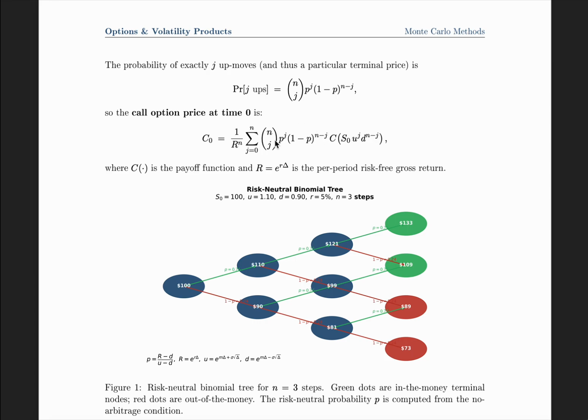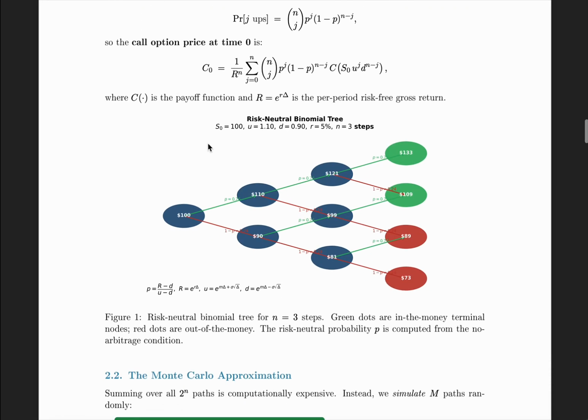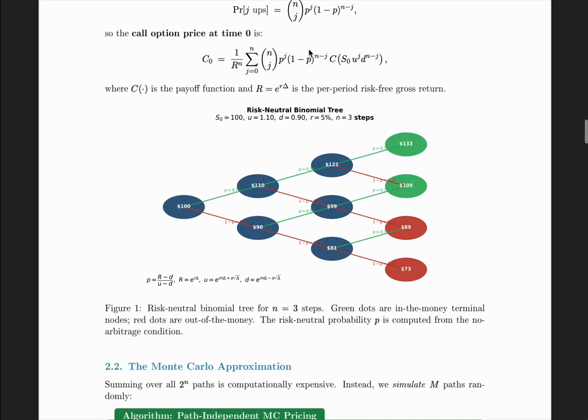So that is simply the probability that we will end up at one particular ending node. Adding all of these ending nodes up and determining the corresponding call price at each ending node, we can get the options price.